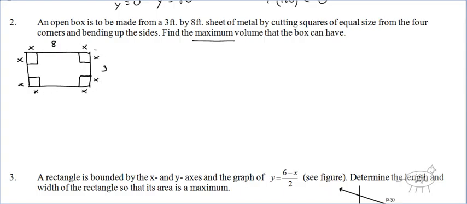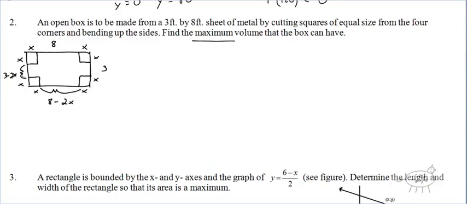All right? And do you guys agree that this spot right here, which is actually going to be the length of the box, when we fold that up, that's going to be the true length. Isn't that going to be 8 minus 2x? And this guy right here, it's going to be 3 minus 2x. That's 3 minus 2x, okay?